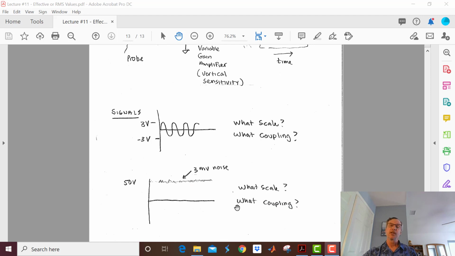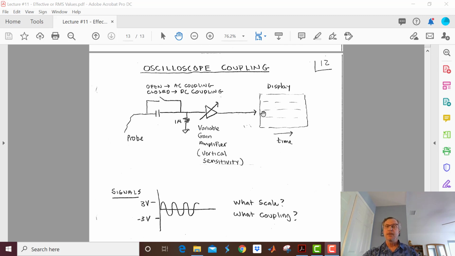Or in other words, I'm going to put my coupling on AC coupling. So I'm blocking this 50 volts DC, and then I'm going to go to about 1 millivolt per division, and I'm going to see my noise right there in the middle of the screen.